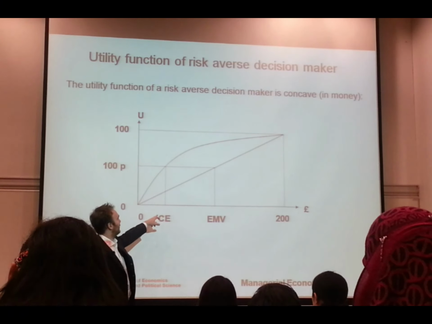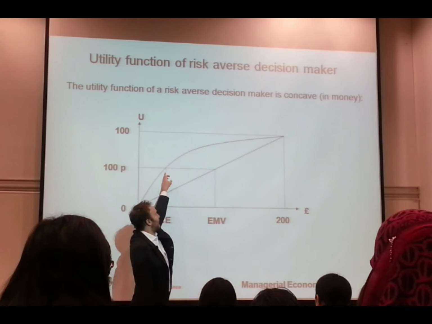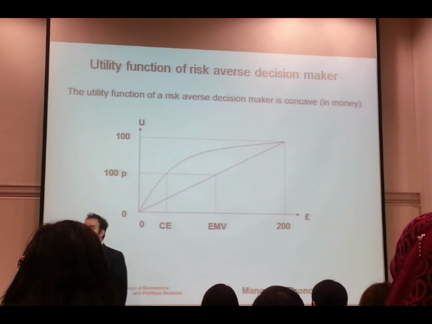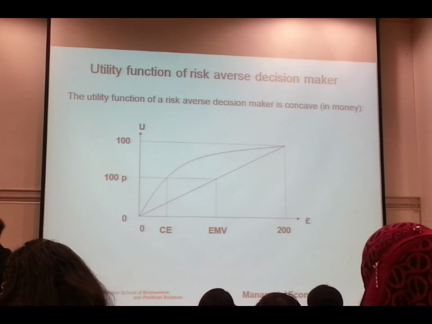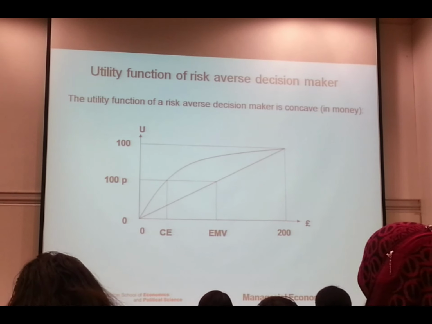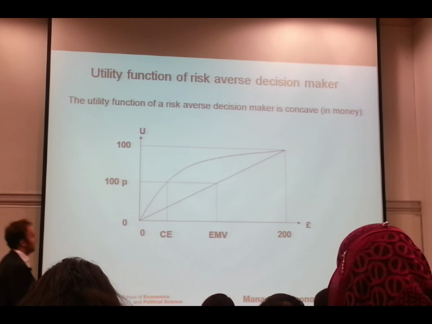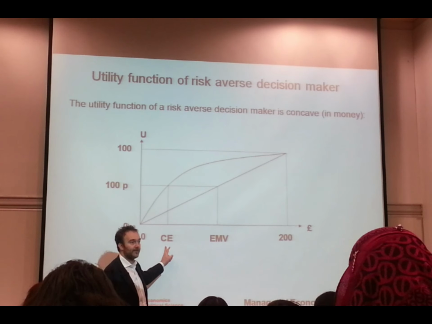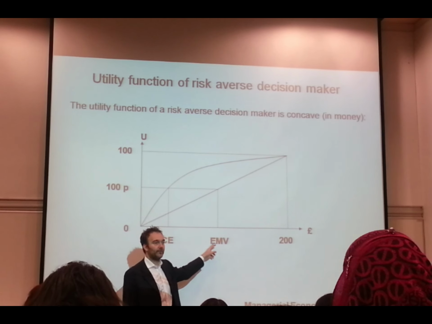Okay, so the certainty equivalent is going to be the point at which your utility function crosses 100 times p. 100 times p is what you expect in expected terms from the lottery. So that means that immediately what you can see here, the certainty equivalent is less than the expected monetary value.